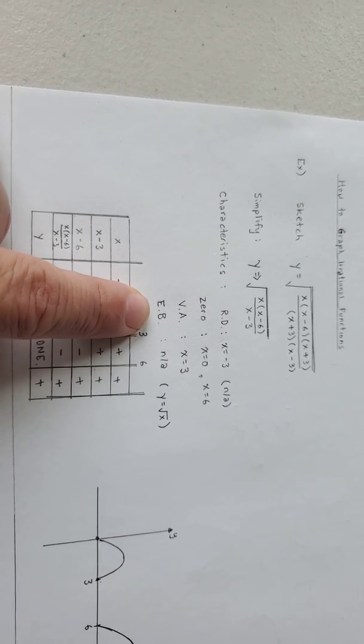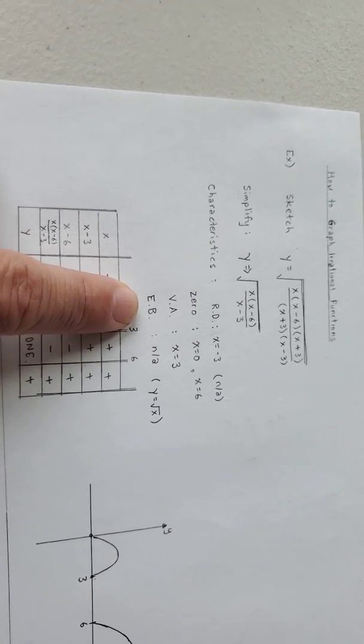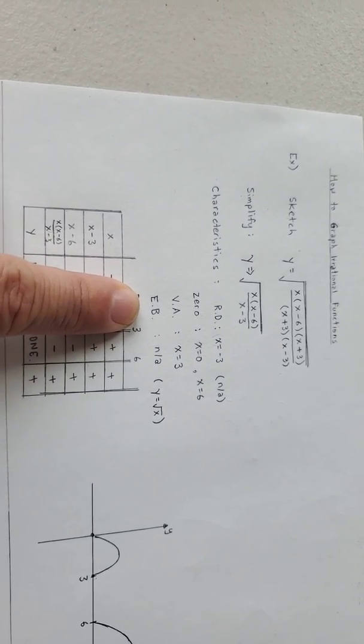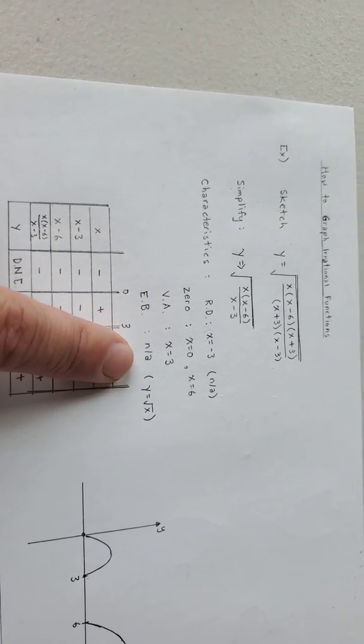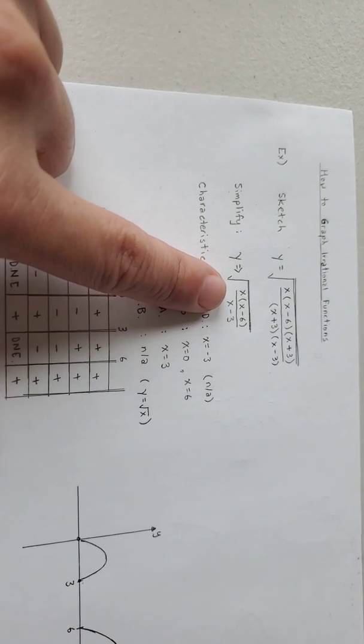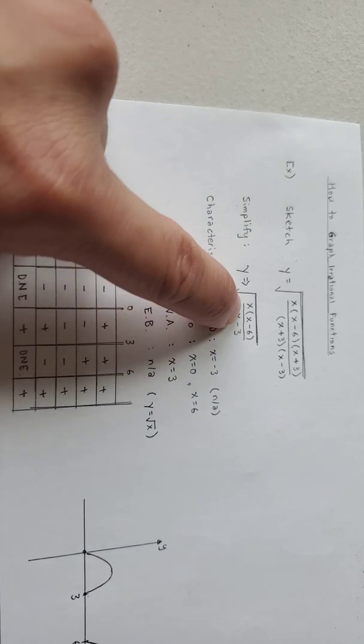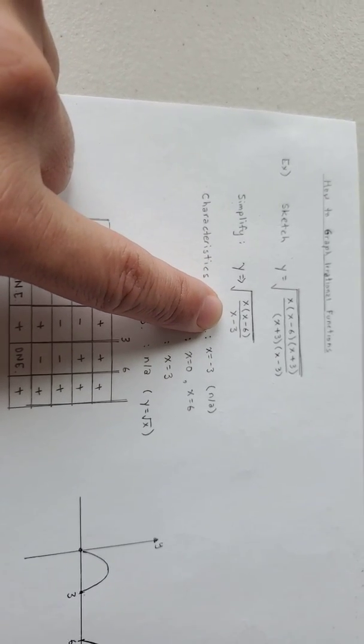And then the other thing that we added on is the end behavior, meaning what happens when x approaches infinity or negative infinity. In this case, there is no finite real number that it's going to approach, because you have x squared on the top and x on the bottom.